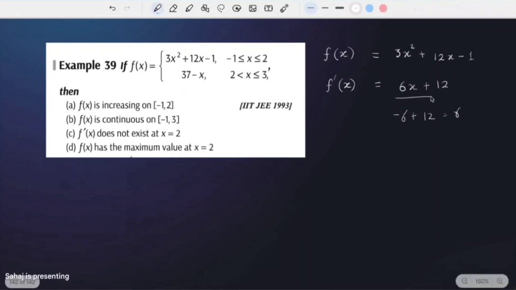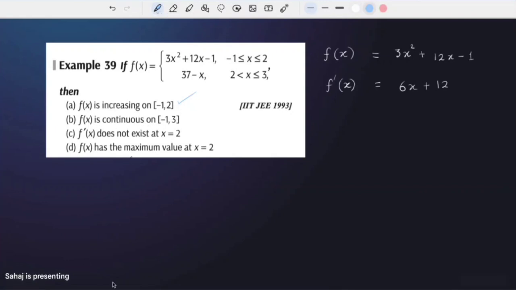So this is obviously an increasing function. Slope is 6. So if the minimum value is positive, other values have to be positive, because it's an increasing function. It's positive, which means yes, the first option is correct.